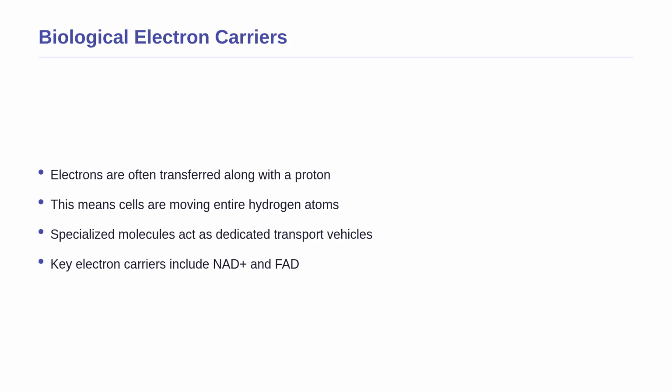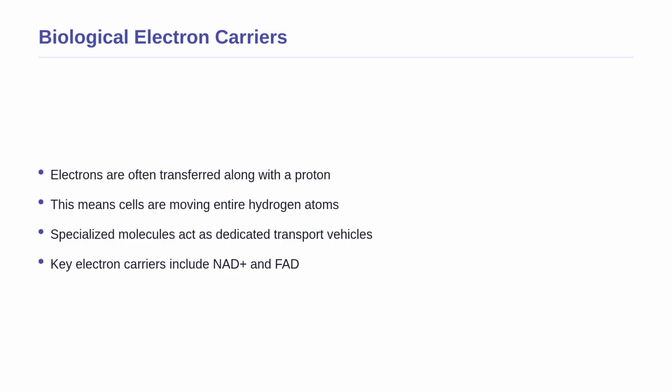Since we understand that electrons must be carefully handed off, we need to introduce the specialized runners in our cellular relay race. In biological systems, these electrons are very often transferred along with a proton. This means we are essentially tracking the movement of entire hydrogen atoms.